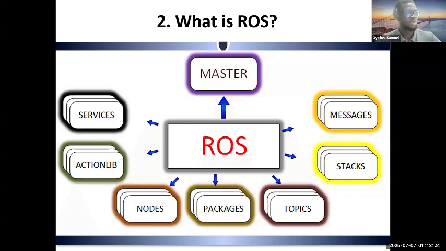I just wanted to explain some things in ROS, but as we move further, you will understand. In ROS we have things called messages. I just wanted to point this out so that when you see them, it doesn't appear strange. Then we have what we call packages, ROS packages. Then we have nodes, then libraries, services, and stacks.